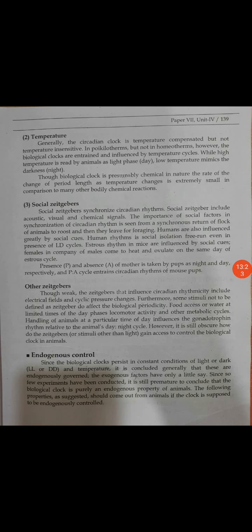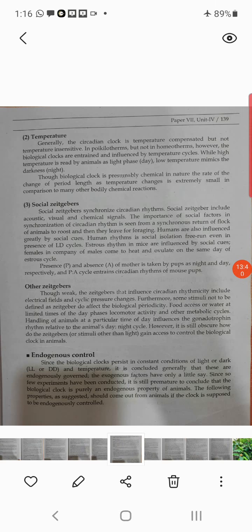Other, though weak, Zeitgebers that influence the circadian rhythm include electrical fields and cyclic pressure changes. Furthermore, some stimuli not to be defined as a Zeitgeber do affect the biological periodicity.